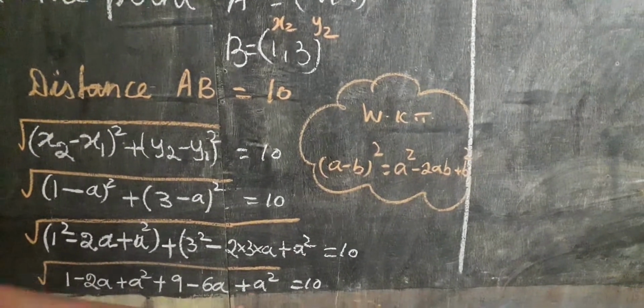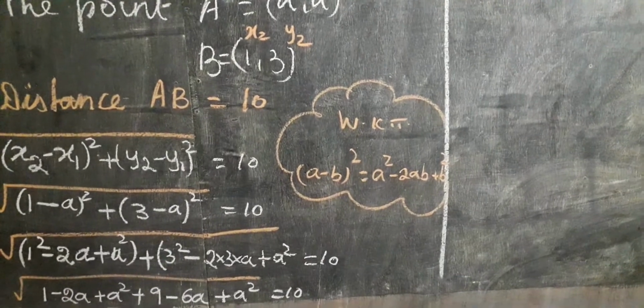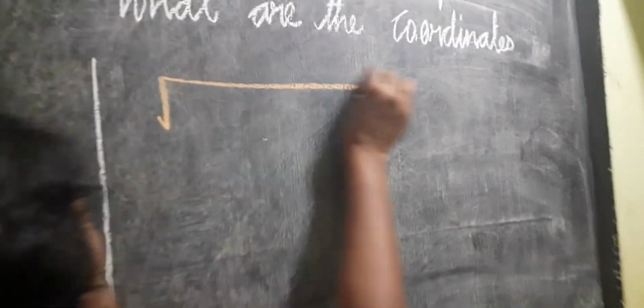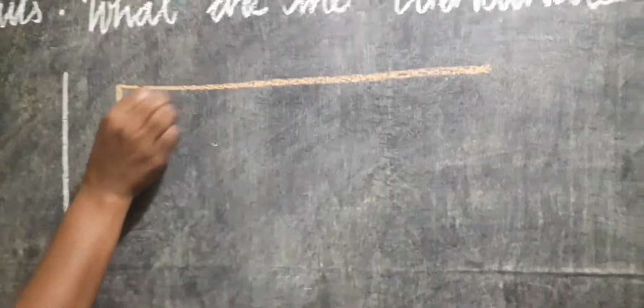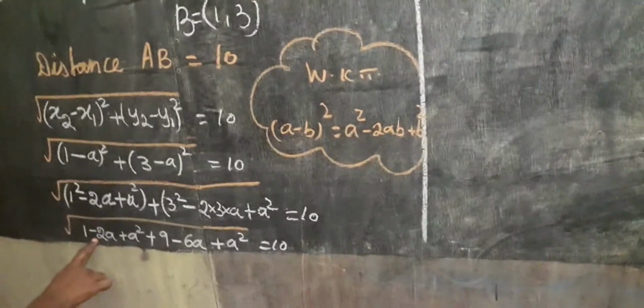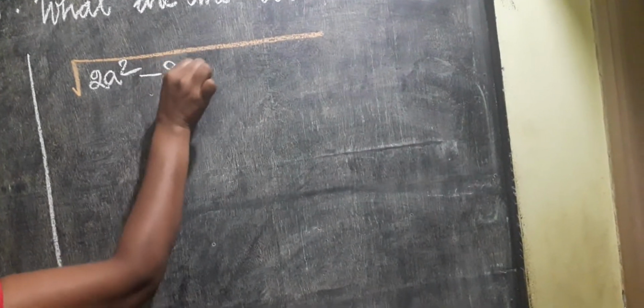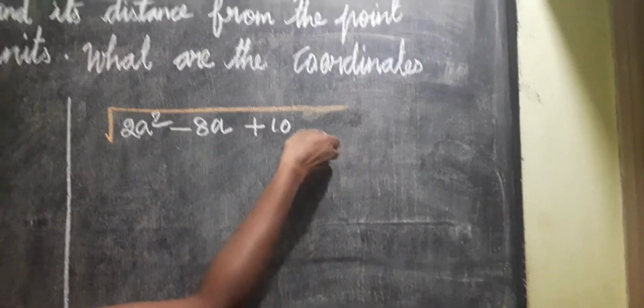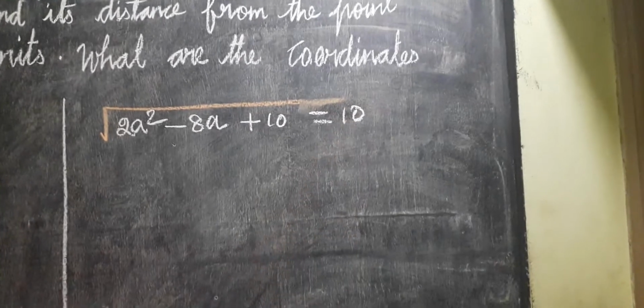Collecting the like terms, A square plus A square, 2A square. Put the square root symbol: 2A square, and then minus 6A minus 2A, that is minus 8A. And then the constants, 9 plus 1, totally 10, plus 10, is equal to 10, which is given.